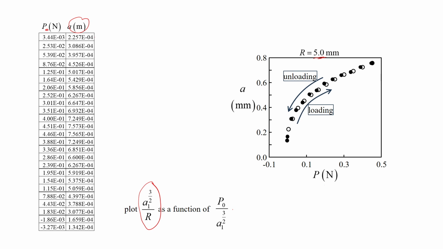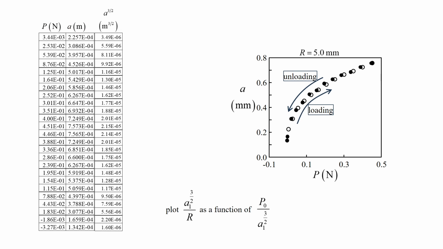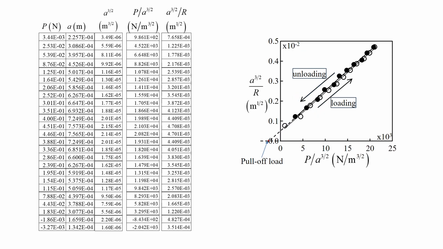So, let us say you have the data here, and so you obtain A1, to the power 3 by 2, and then you divide it by R, and so basically you have P0 by A1 to the power 3 by 2 here, and A1 to the power 3 by 2 by R here.